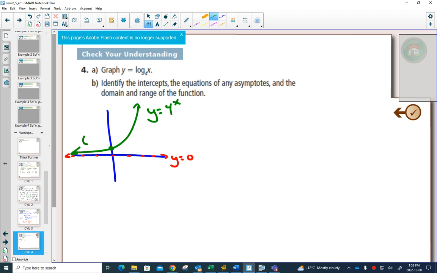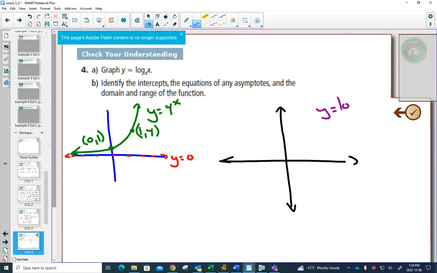The two key points are (0, 1) and (1, 4). So to graph y equals log base 4 of x, if every single exponential graph has (0, 1), every single log graph, because it's an inverse and your x's and y's get switched, has (1, 0).